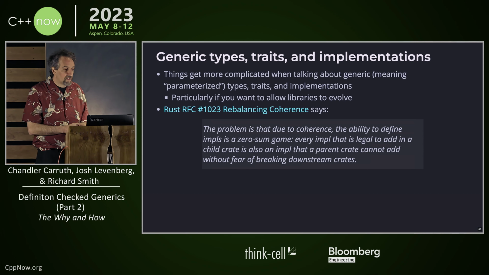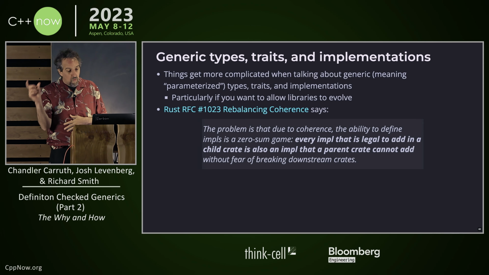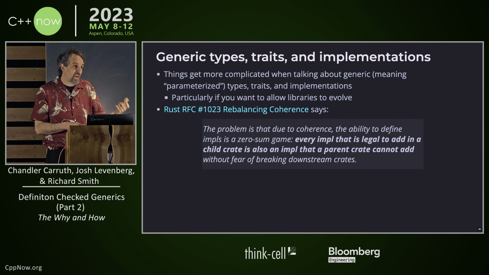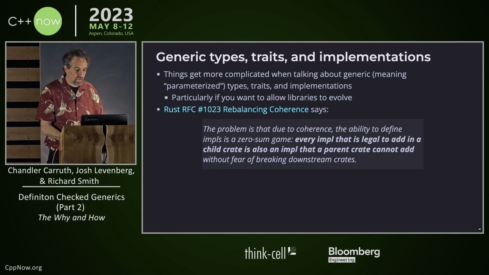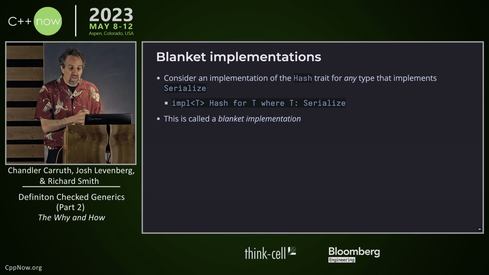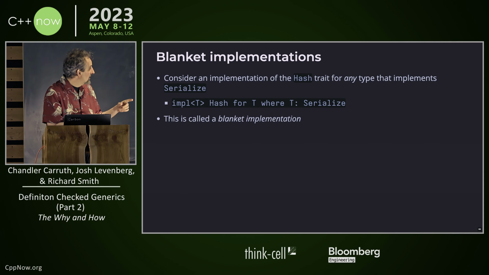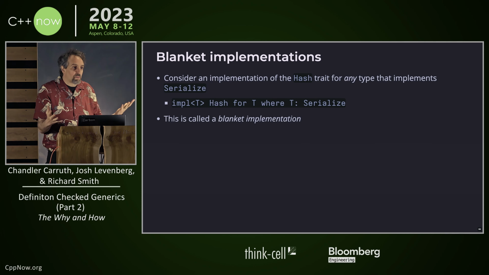And to quote one of the Rust coherence documents I have up there, every impl that is legal to add in a child crate is also an impl that a parent crate cannot add. There's this tension there, to avoid conflicts. So for example, let's say we had an implementation of a trait for any type satisfying a criteria, which is called a blanket implementation.